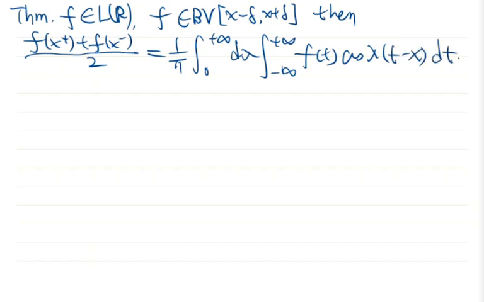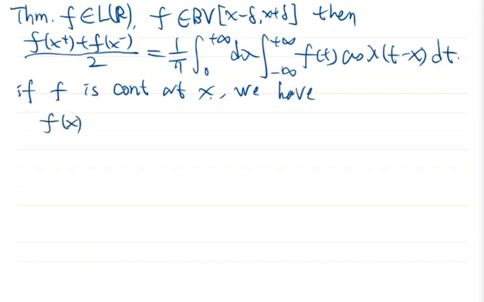In particular, if f is continuous at x, then the left limit and the right limit at x equal the value of f at x. The result becomes: the left hand side is f(x).